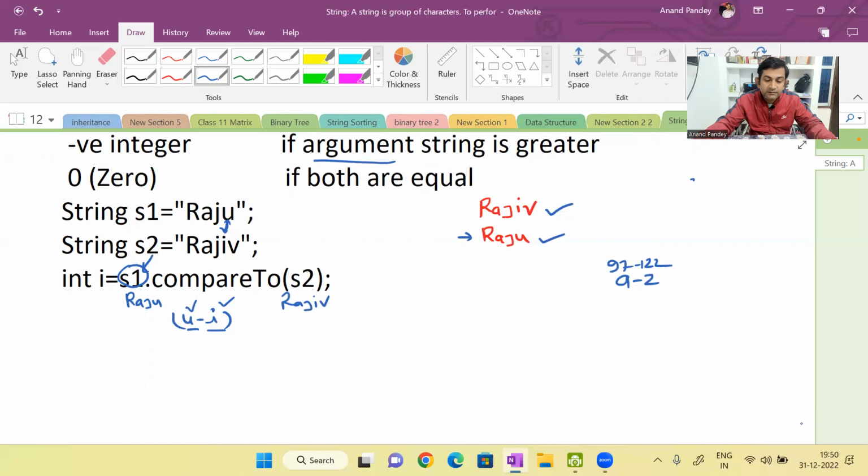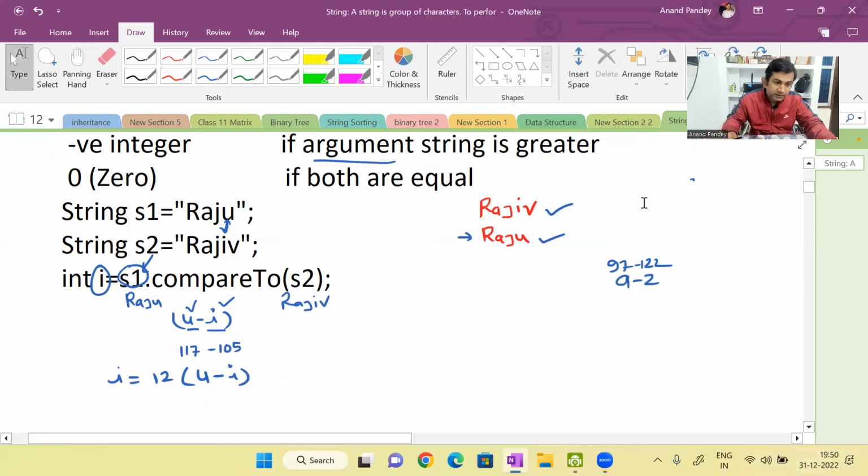The ASCII value of U is 117 and the ASCII value of I is 105. So you'll get 12. That is the difference: ASCII value of U minus ASCII value of I. I hope it's clear.